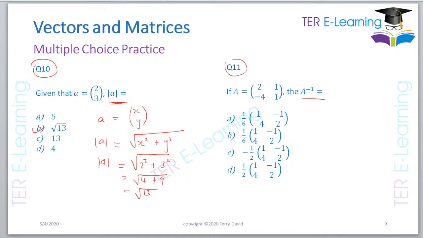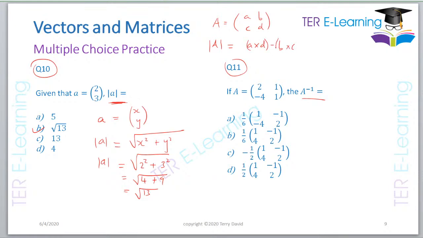Let's see. So what they're asking us here for is the inverse of a matrix, right? So here's what you need to know. When we have a 2 by 2 matrix, let's say you have this A, B, C, D, right? We already know that the determinant of a matrix is given by AD, so A times D minus BC.